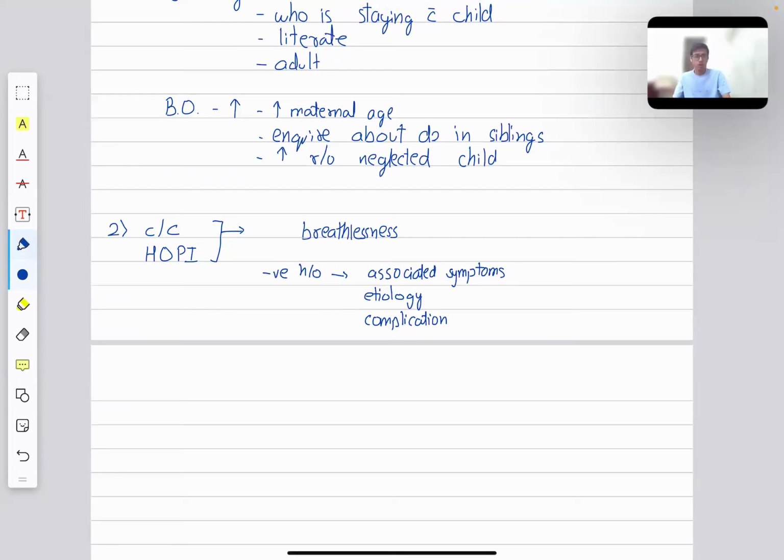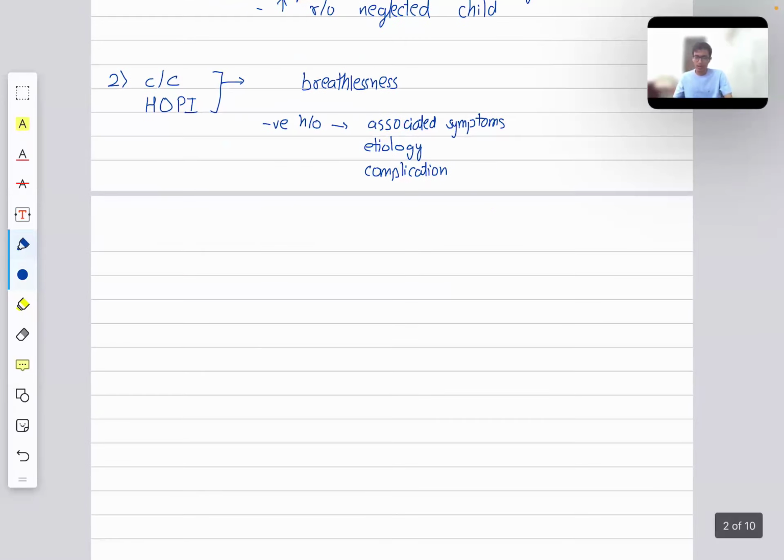Now, what questions should be asked? What are the differentials for each of the chief complaints? All this we will cover individually in each of the cases that we'll see later. Right now, getting back onto the proforma, we will move on to the next topic, that is past history.